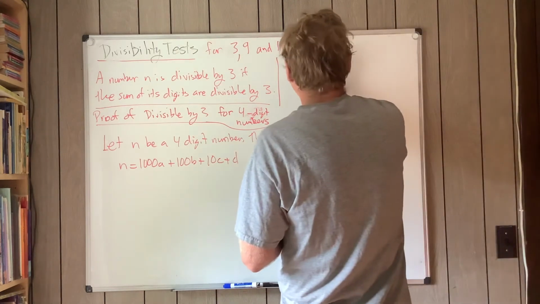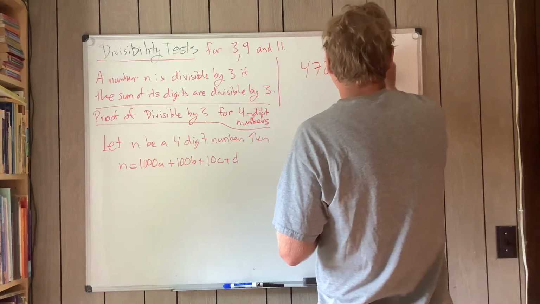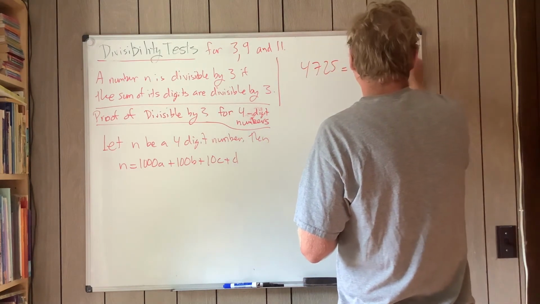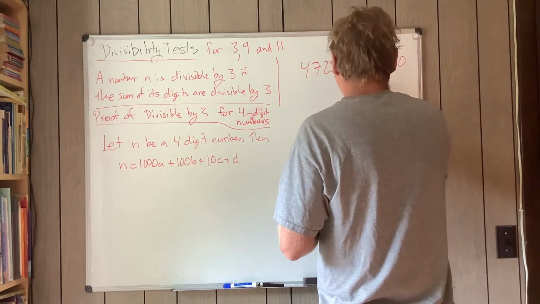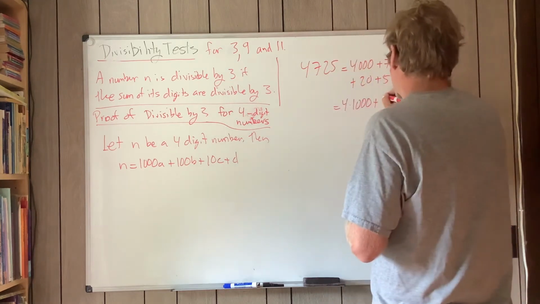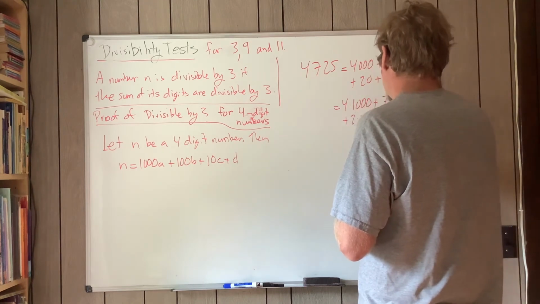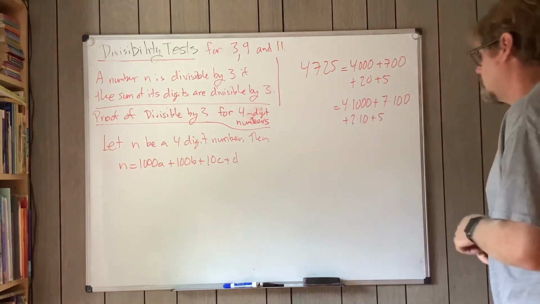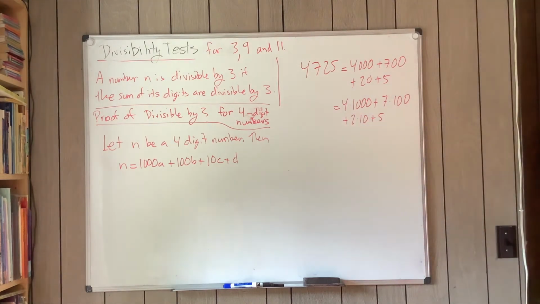So if I have, let's say, 4725, that's 4,720 plus 5: 4 times 1,000, 7 times 100, 2 times 10, plus 5. So A, B, C, D are the digits.